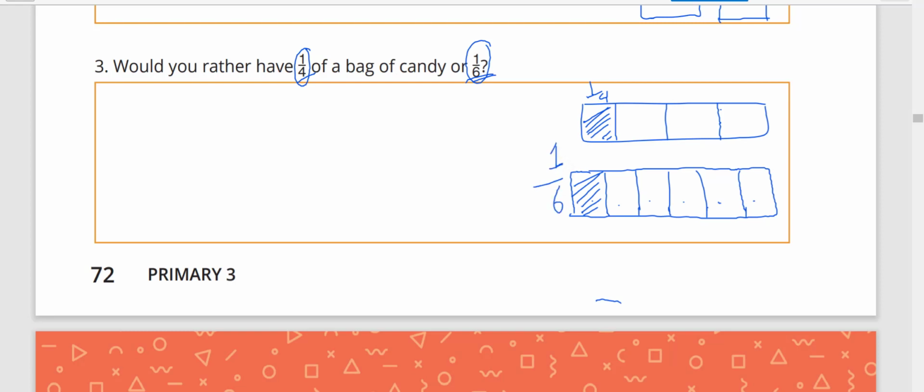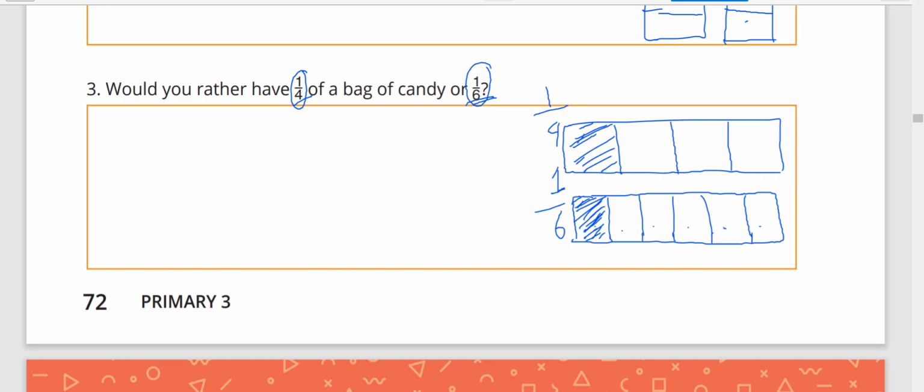Okay. So if one whole is divided into more parts, each part is smaller. So from the drawing we know that a fourth is greater than a sixth.